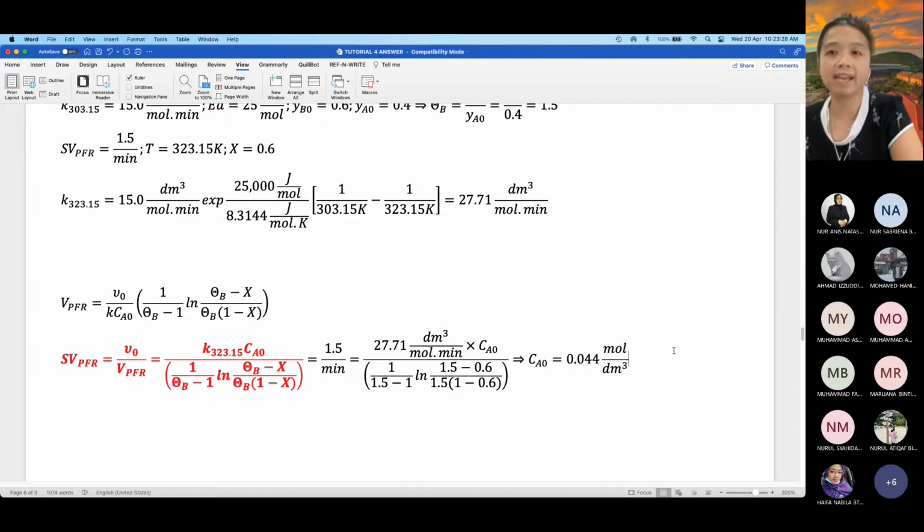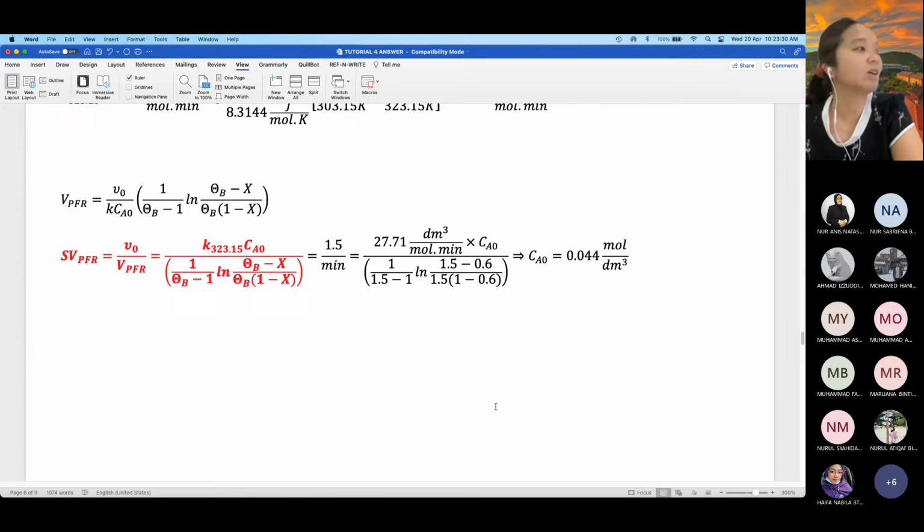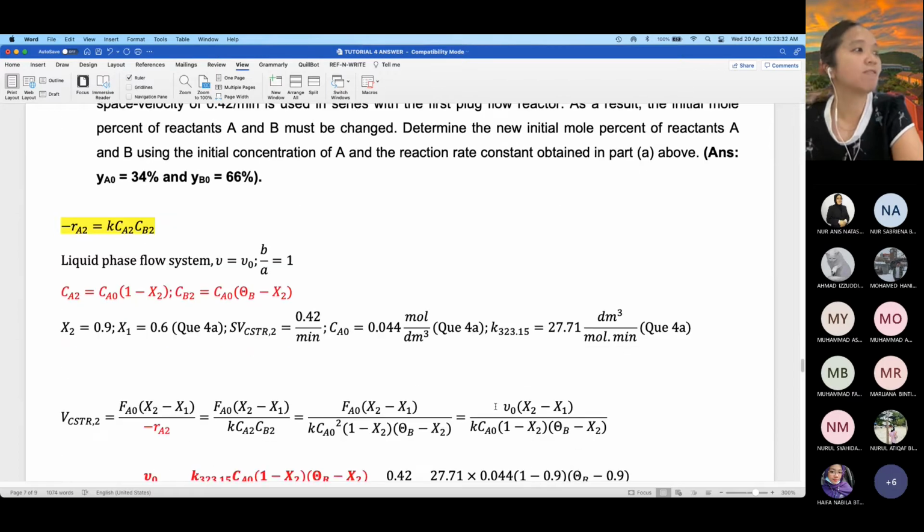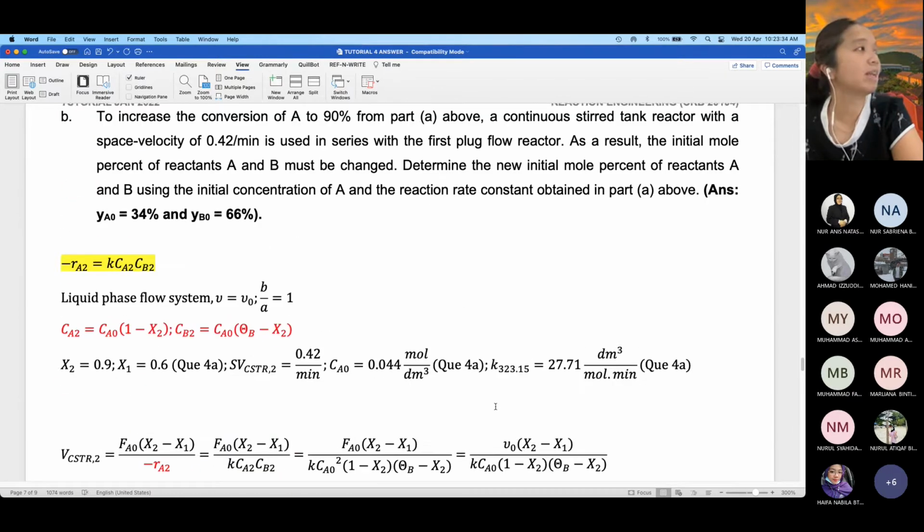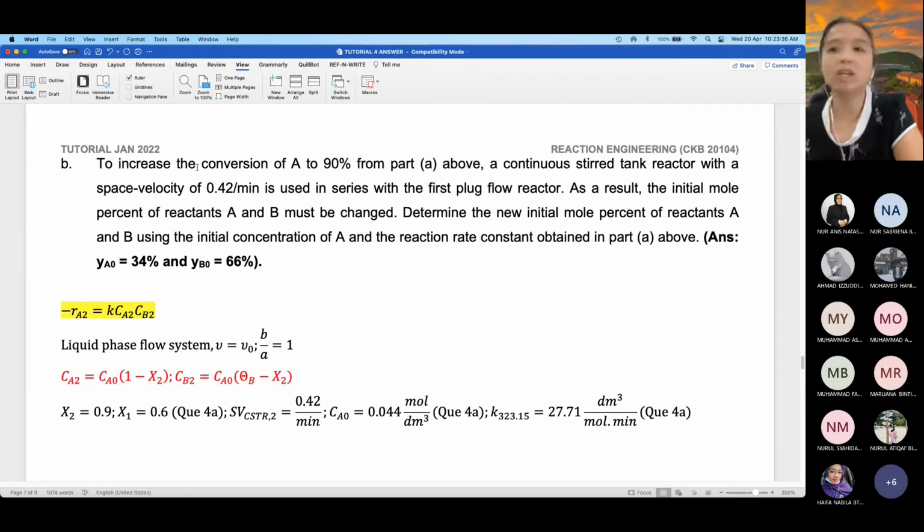This is 4A. Alright, so last one, question 4B. Okay, so last one for today. It says, to increase the conversion of A to 90% from part A above, a CSTR with a space velocity of 0.42 minute is used in series with the first PFR.